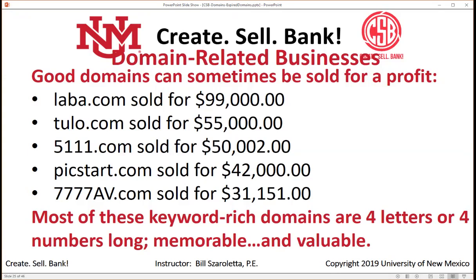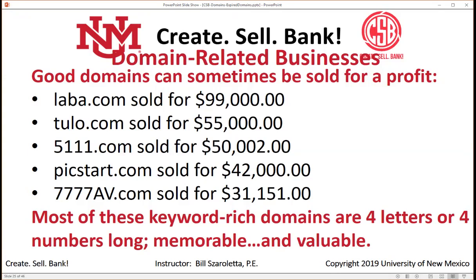Pickstart.com. So Pickstart is a 2-keyword domain, pick and start. But if you look at it, and this is what happens when you start putting keywords together, what else comes out of there? Picks and tart. So pickstart.com.